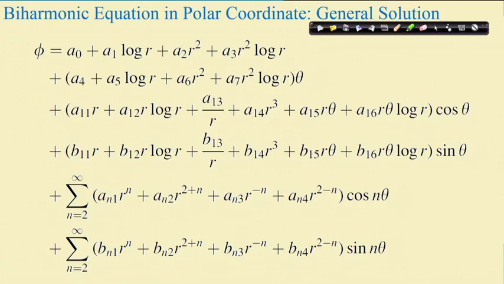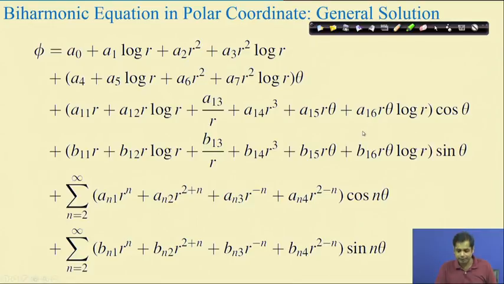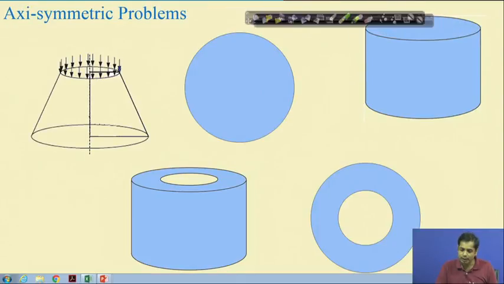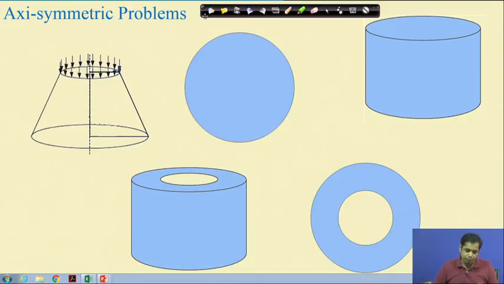Before we actually apply this to a more general problem, let us slightly simplify the problem for the demonstration. Suppose we have an axisymmetric problem. Axisymmetric problem means the geometry, boundary conditions, loading, everything is symmetric with respect to an axis.